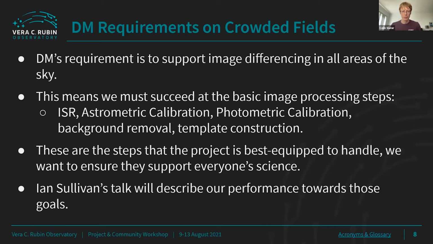And a consequence of this is that we must succeed at all of the image processing steps that get you to the point of being able to do image differencing. So that means we must do ISR, astrometric calibration, photometric calibration, those types of algorithms over all parts of the sky. And we must do that well enough to support image differencing.